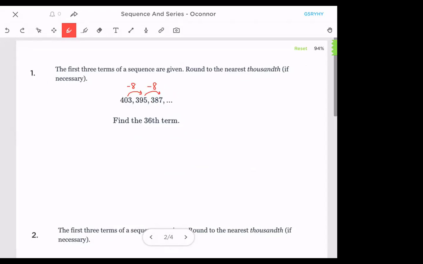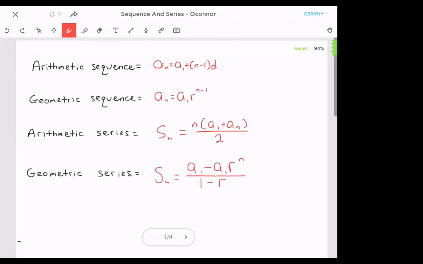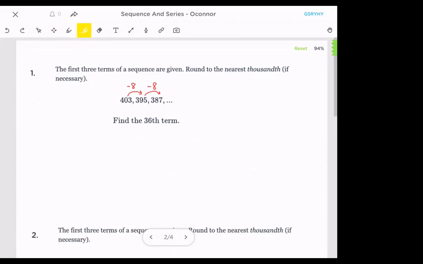So now I've determined it's arithmetic and it's a sequence. So I'm going to go back to the first slide. I'm talking about an arithmetic sequence, so I'm going to use this formula. You just want to determine which formula you're using: is it arithmetic or geometric, and a sequence or series.